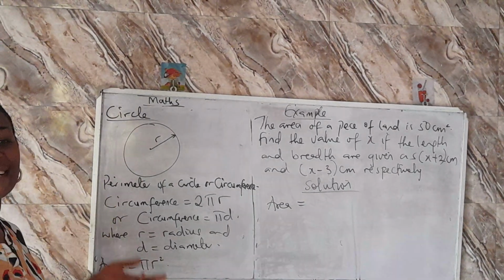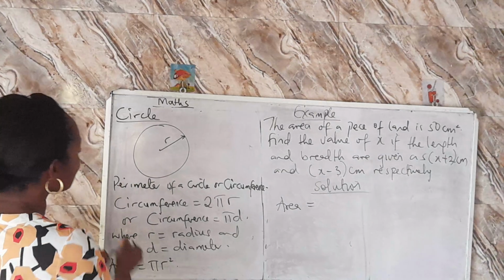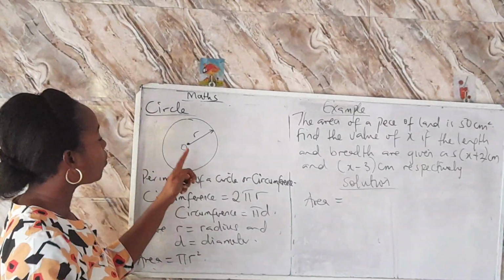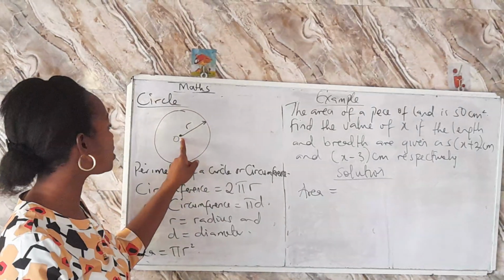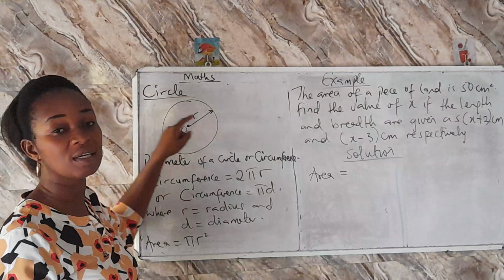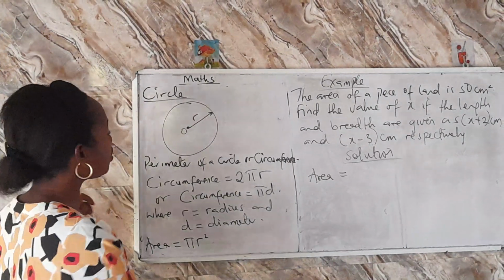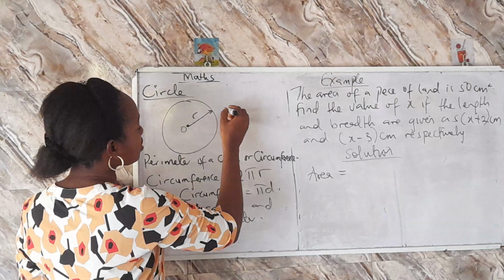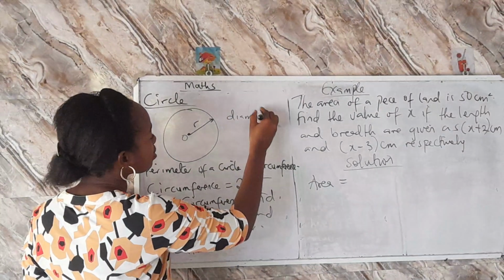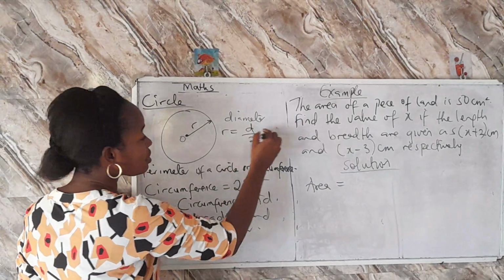Alright, the next is the circle. In a circle, the center of the circle is here, O, while the distance from the center to the circumference, to this edge here, is R, which is the radius. If you are given the diameter, the radius will be half of the diameter, diameter divided by 2.